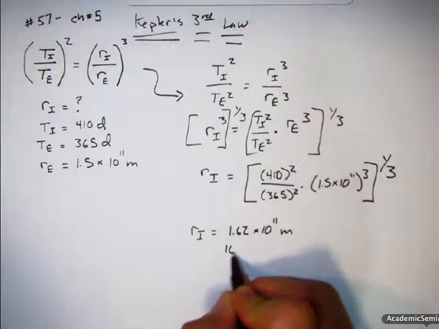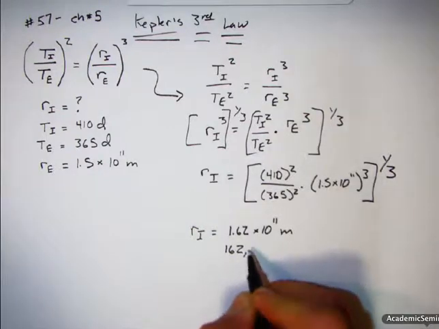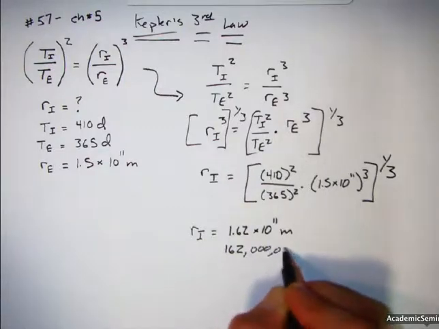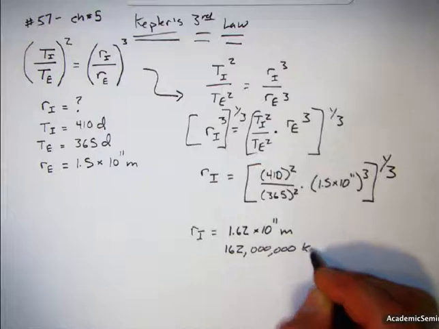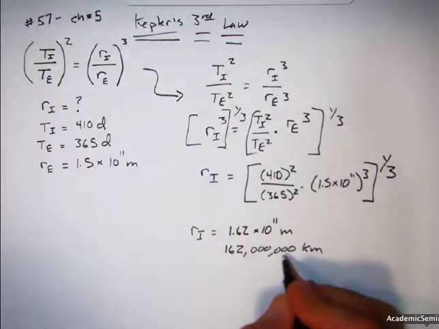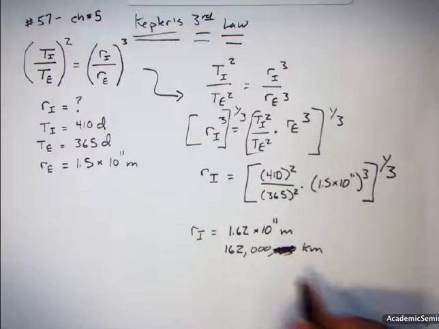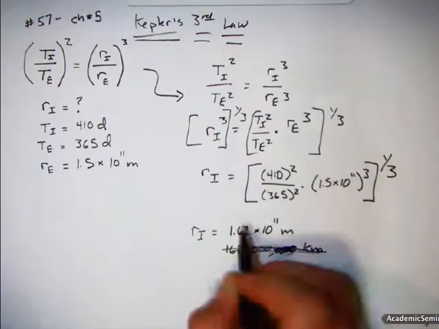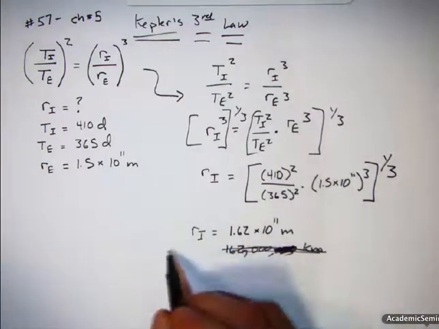Or if you would prefer, 162 million kilometers. Either way. Oh, nope, that's not right. That's too many zeros. Anyway, this is our correct answer here.